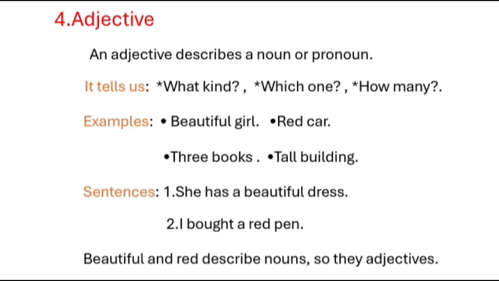It tells us what kind, which one, how many. For example, beautiful girl, red car, 3 books, tall building. Sentences: She has a beautiful dress. I bought a red pen. Beautiful and red describe nouns, so they are adjectives.